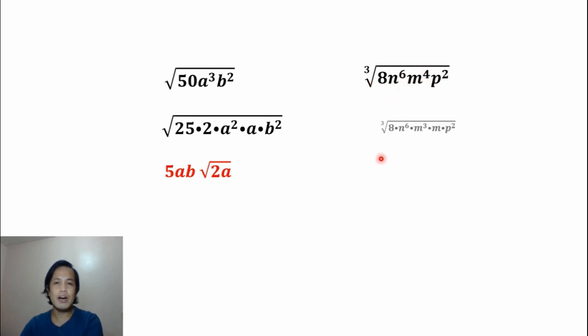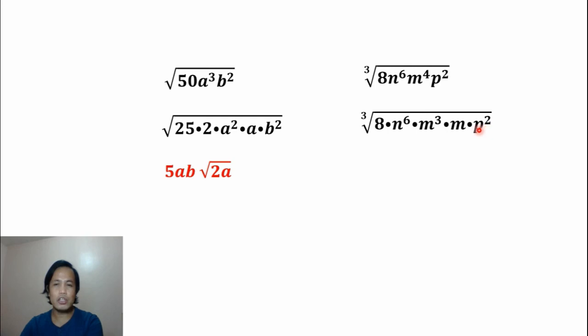So this becomes 8, which is a perfect cube, times n raised to 6, times m raised to 4, so we have m cubed times m. This m has an assumed exponent of 1, so m cubed times m gives us m raised to 4. And we just copy p squared.